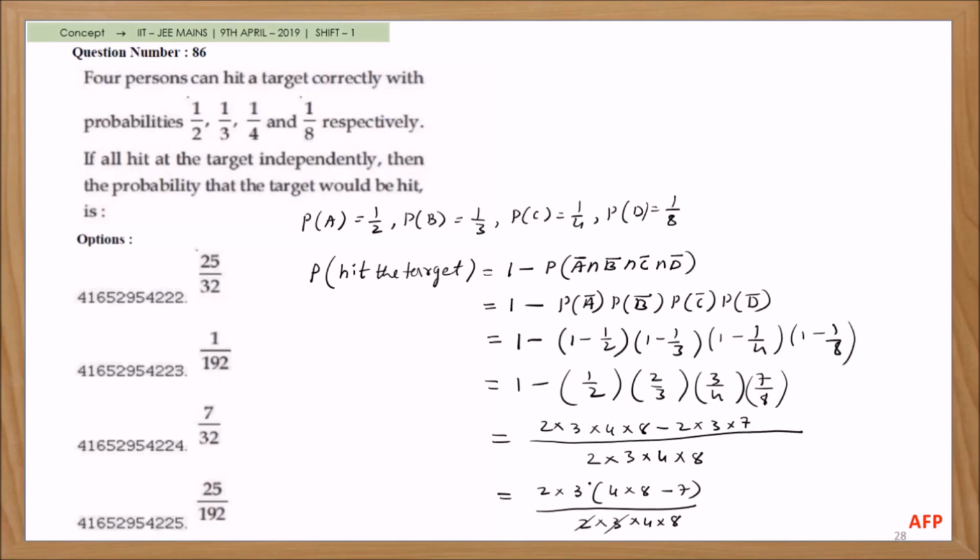So you can go for cancellation. 8 into 4 is 32, minus 7. So 32 minus 7 is 25 by 32. Next option it follows.